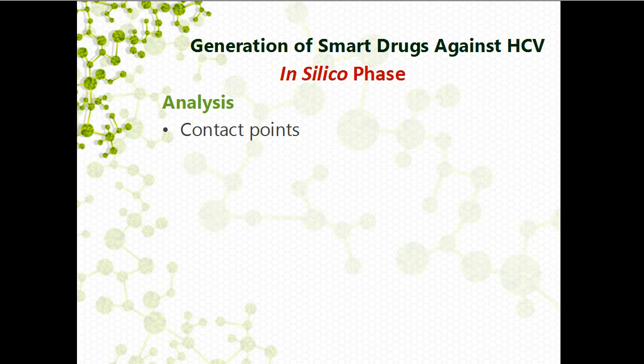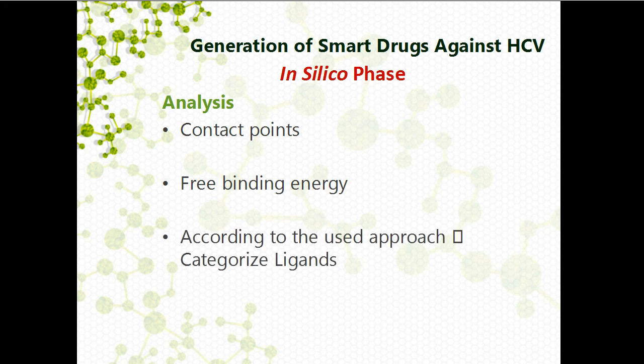And then you will see the number of strong contact points of the ligand with the protein, and also determine the free binding energy of the ligand when it binds to the protein. And also, according to the results, you could categorize the ligands into those that could be used in fragment-based drug design or other drug design approaches. It is all based on how strongly they bind to the target protein.